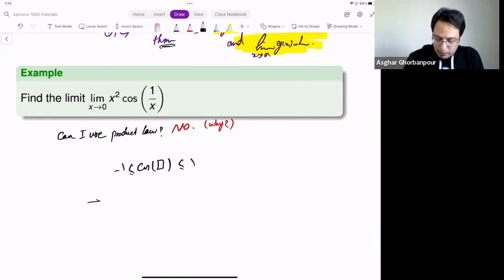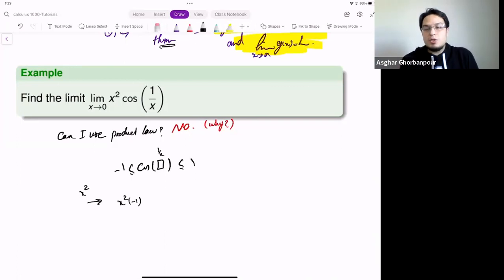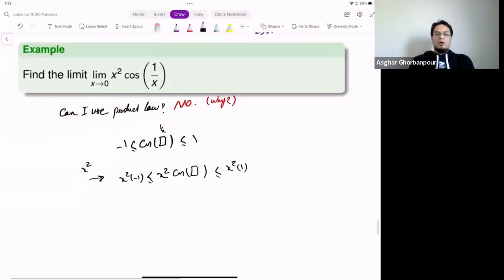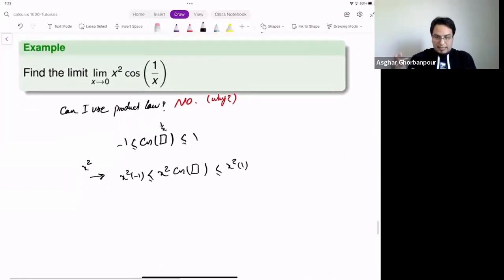That thing can specifically be 1 over x, yes? Now, if you multiply both sides by x squared, this will be x squared times -1. Remember, x squared is always a positive number, so when you multiply, it's not going to change the inequalities. They will look the same.